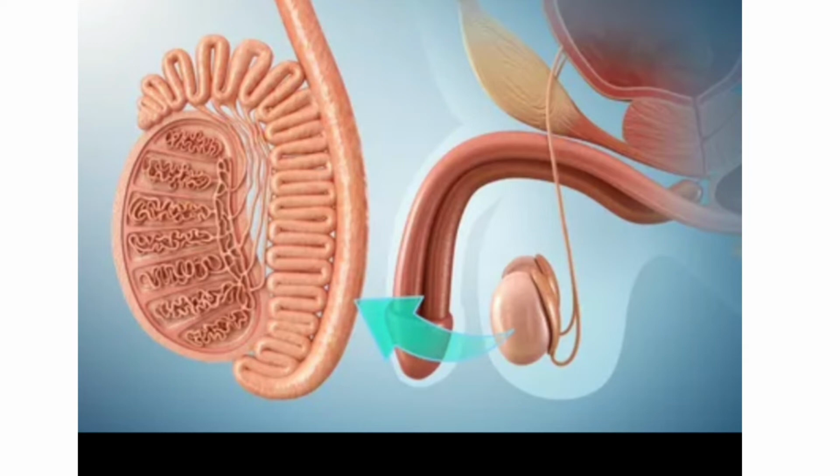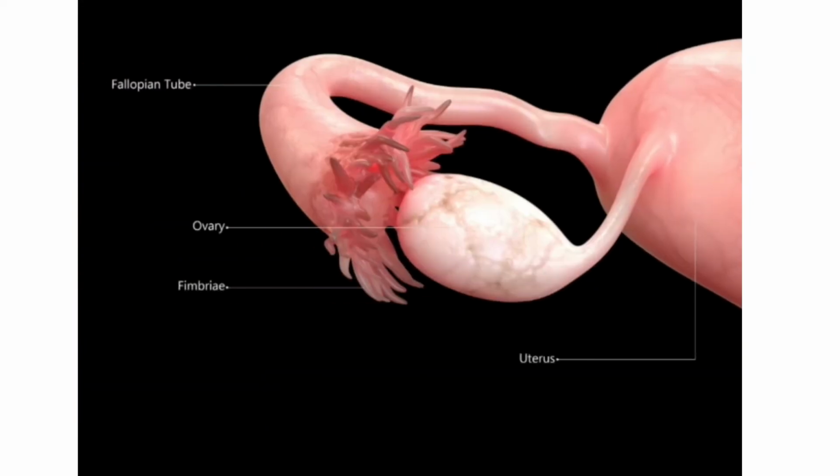The next picture is for the ovary. This is the picture of the ovary. Here you can see the uterus has also been pointed, the fallopian tube is there, and the fimbriae are also there, and the part attached with the uterus is the ovary. The ovary is an almond shaped gland located on both sides of the uterus.